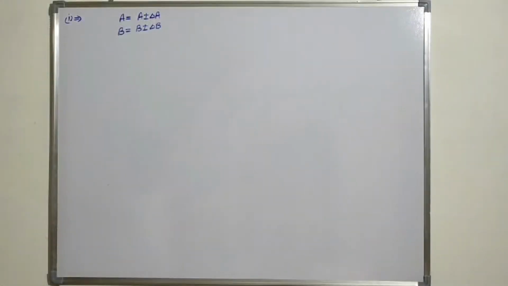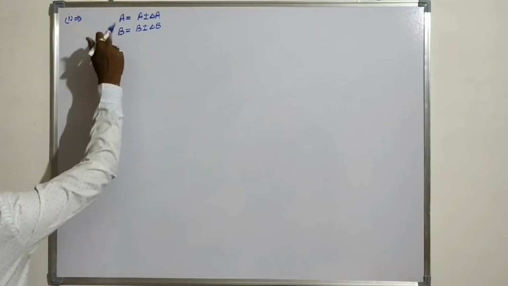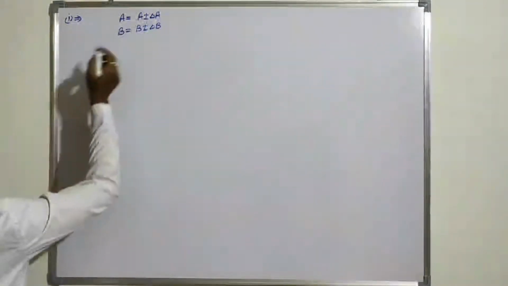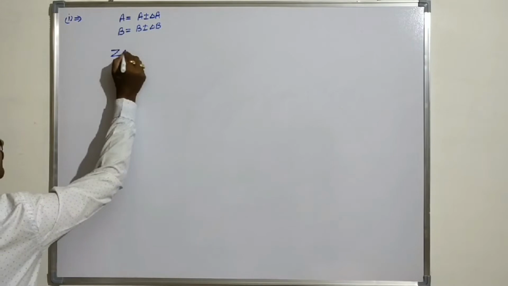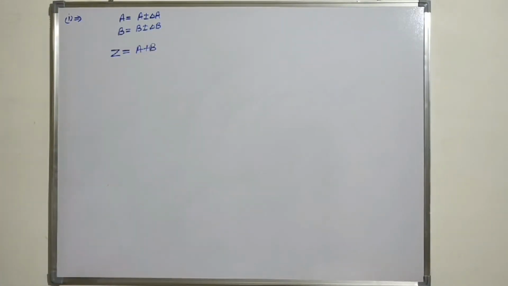Now we use the addition operation, so we can write the resultant value of addition of A and B as Z. Let Z be the resultant value. Z is equal to A plus B. Right? This is the operation.